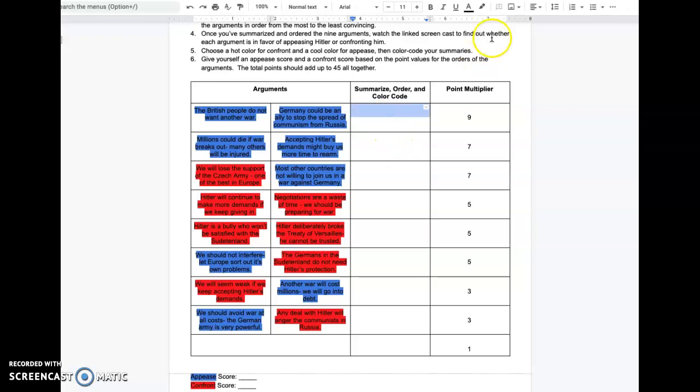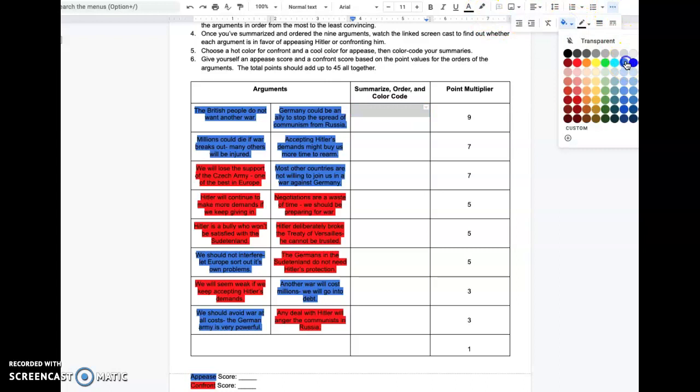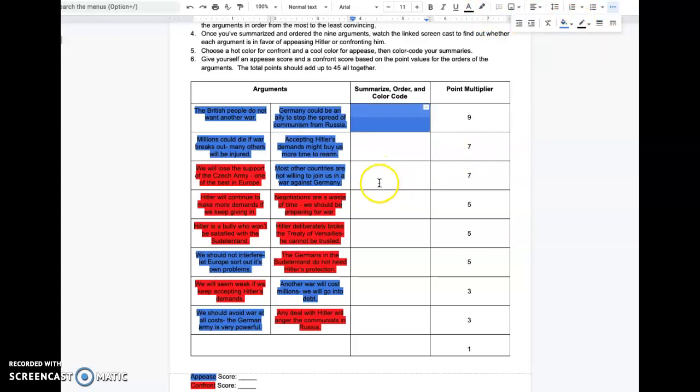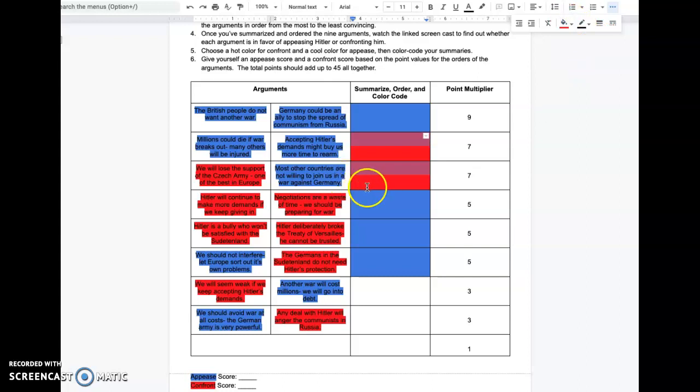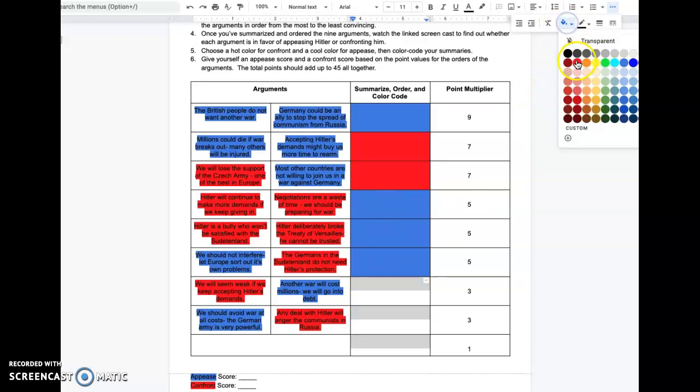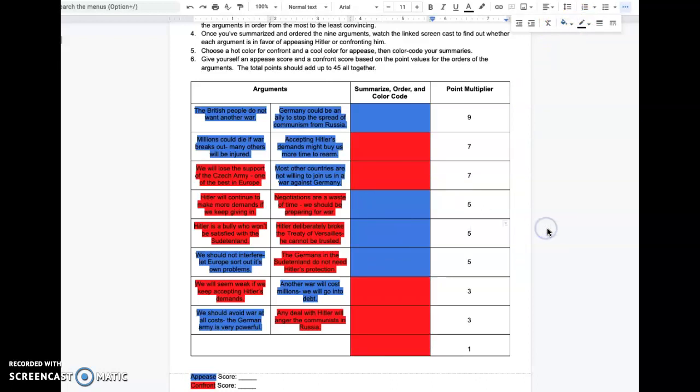So for example, if you had put an appeasement argument there, and here, notice that I'm highlighting or coloring in these cells, but I have not written anything. You will have written text as a summary in each one of those cells. I'm leaving them blank for now because I'm just doing this as a quick modeling.